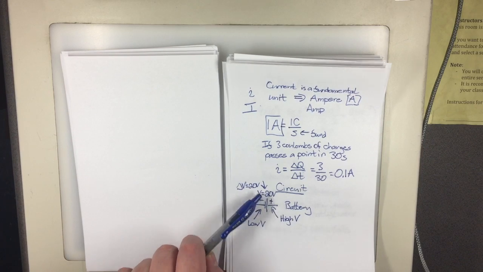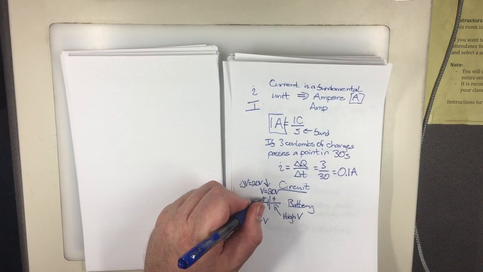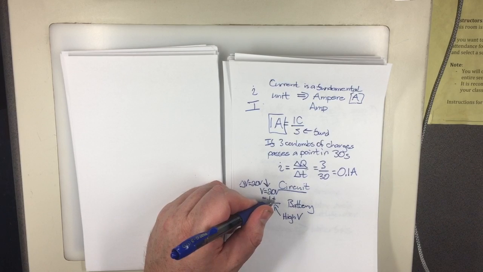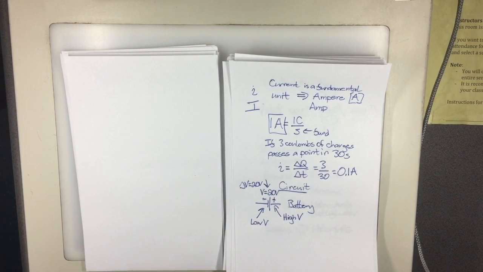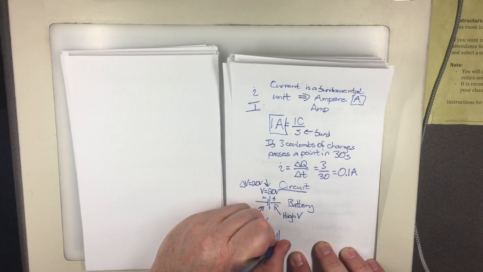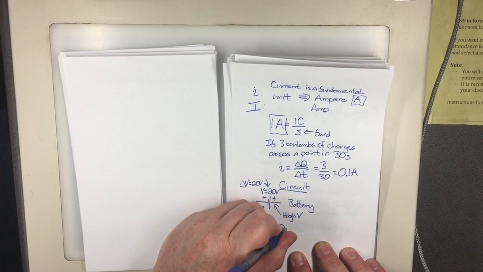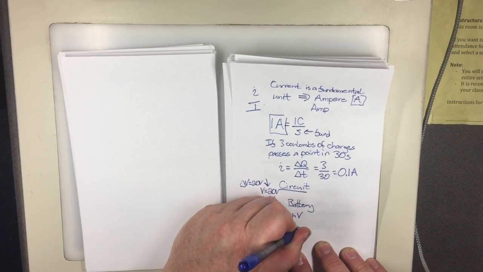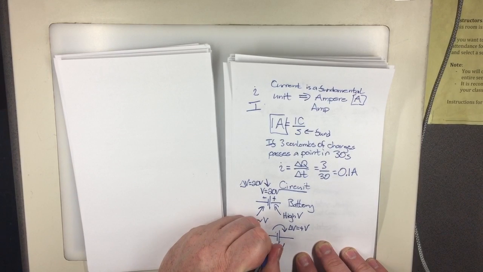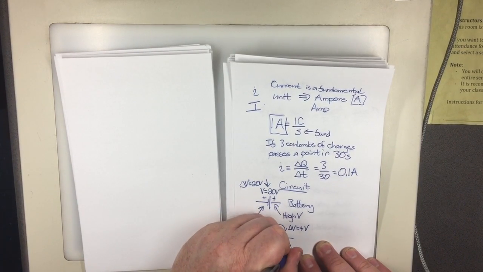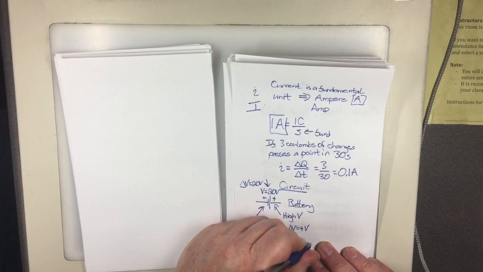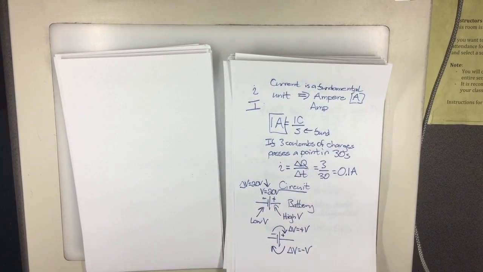That V there is letting you know that the potential difference from the negative side to the positive side is an increase. The delta V is positive V. If you go from high to low, the delta V is negative V. And if you notice, the high V, the vertical line is the bigger of the lines. For low V, it's the smaller of the lines.